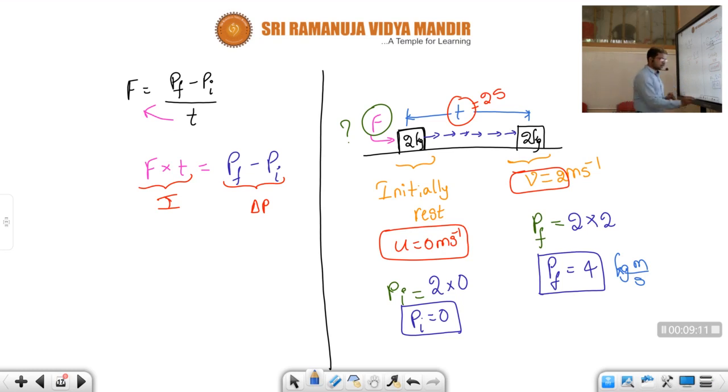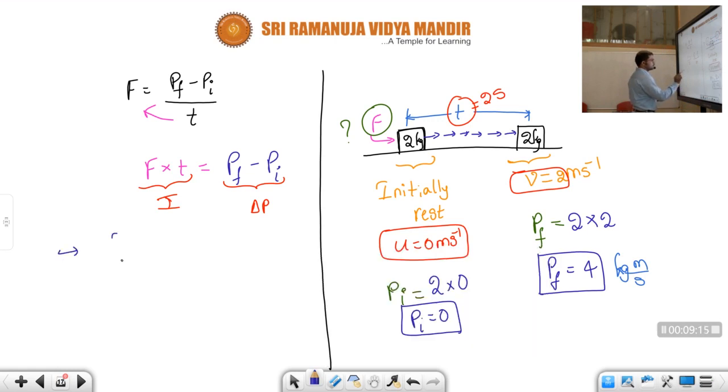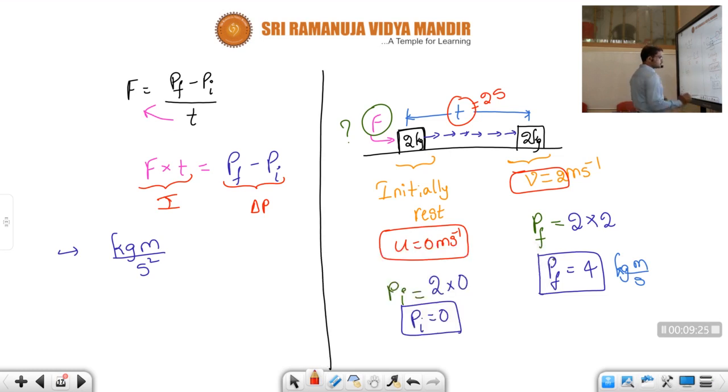Children, observe this point once. Kg meter per second square is equal to what, children? Newton. It is equal to 1 Newton. Okay.